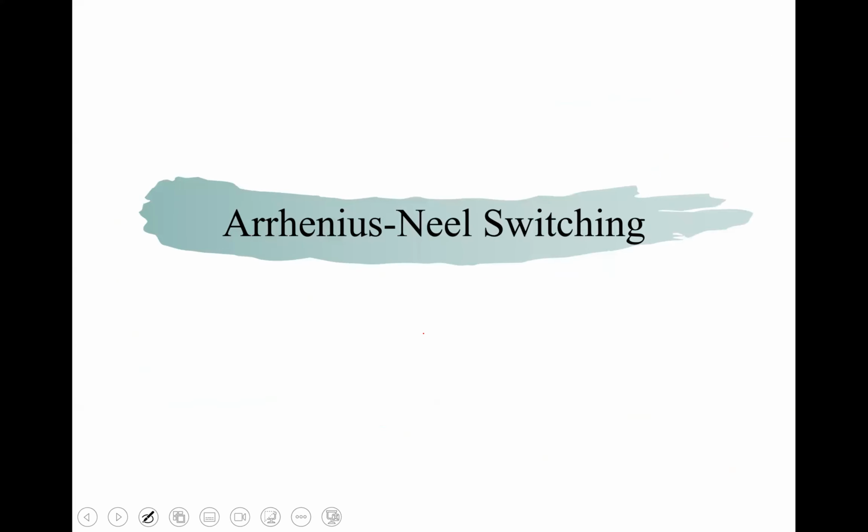So in the next class, I'm going to explain the Néel-Arrhenius switching. So far I explained the effect of temperature, and now, how we can analyze this effect of temperature by measuring the switching mechanism. Okay, so let's finish this lecture here, and see you next Monday.